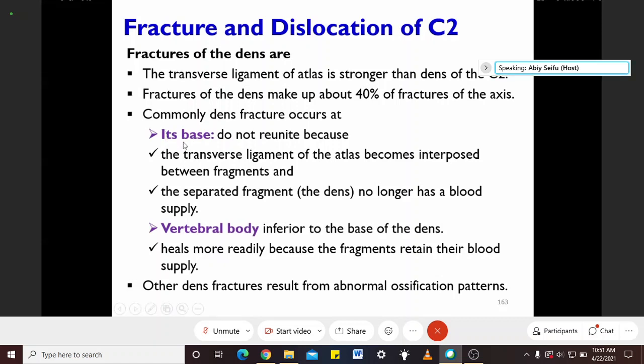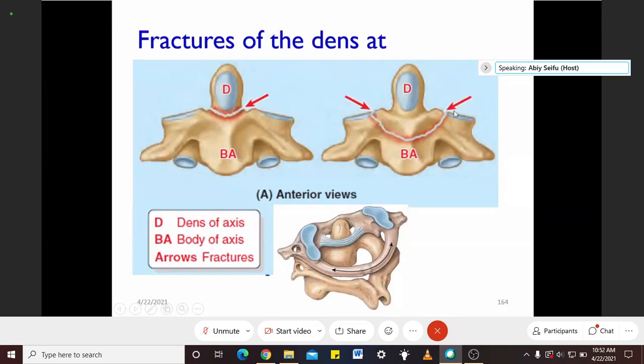One is the base, where it attaches to the body of C2, that is, at the junction of the body and the dens, or odontoid process.